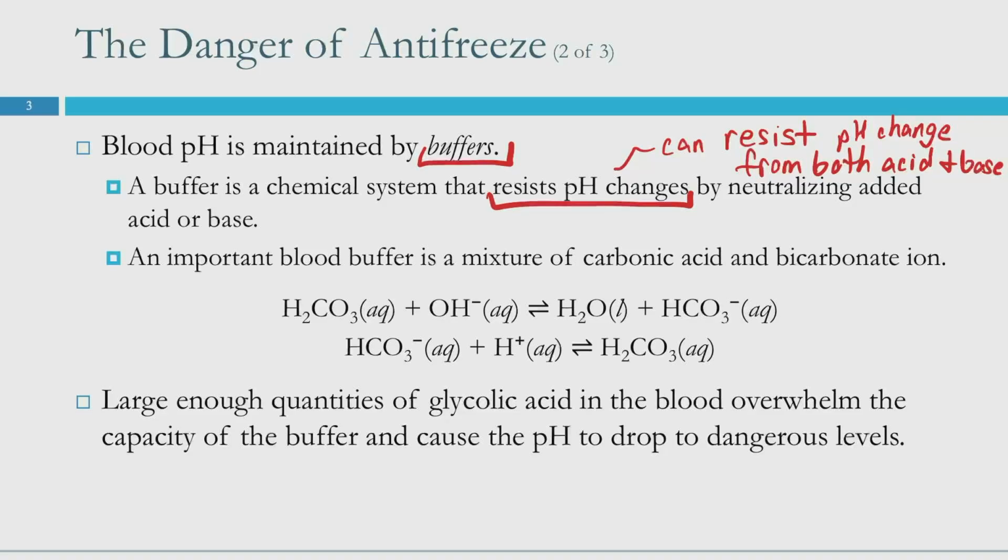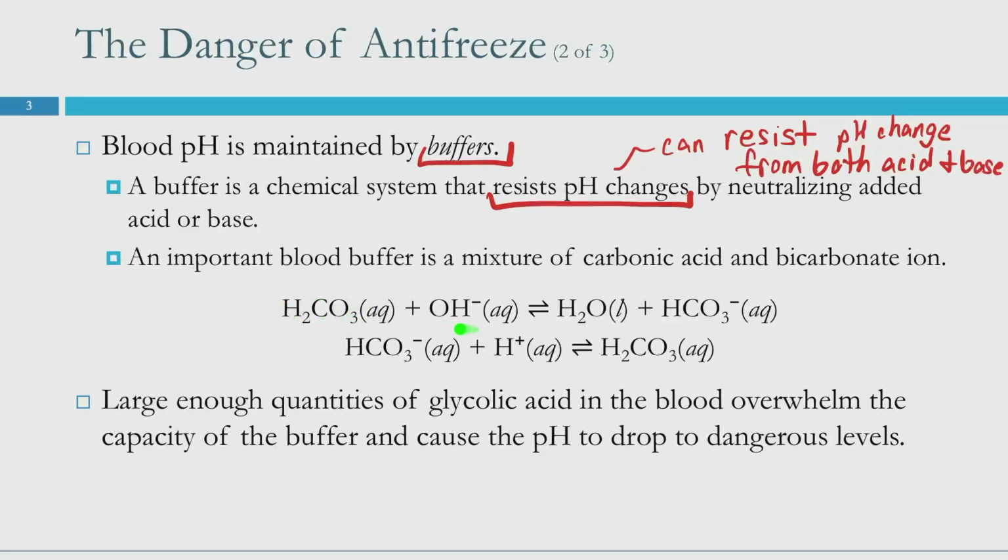And the way that our blood buffer works, our blood buffer is a mixture of carbonic acid, like the stuff that's in carbonated drinks, and the bicarbonate ion, like in baking soda. So we've got carbonic acid, that's our first line of equation here.